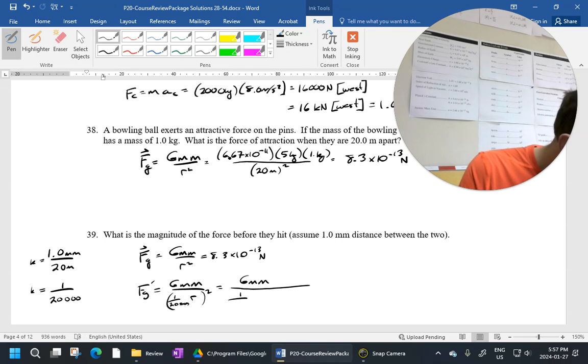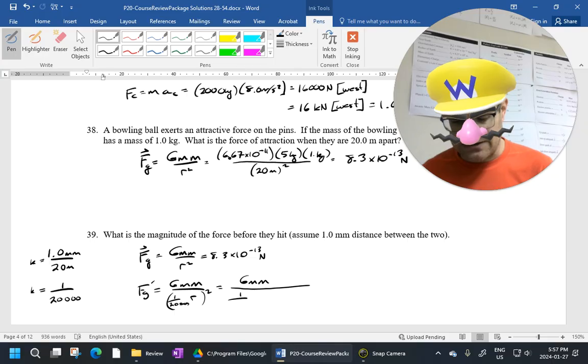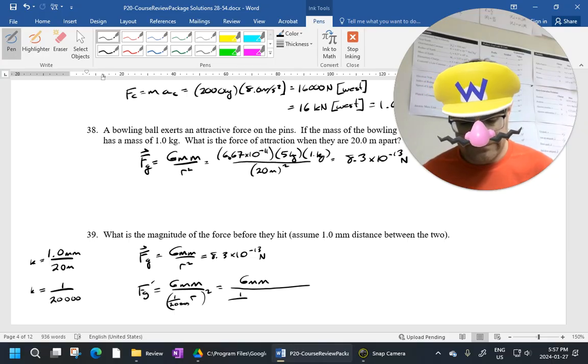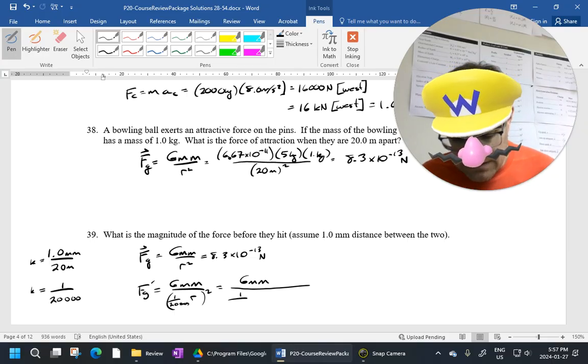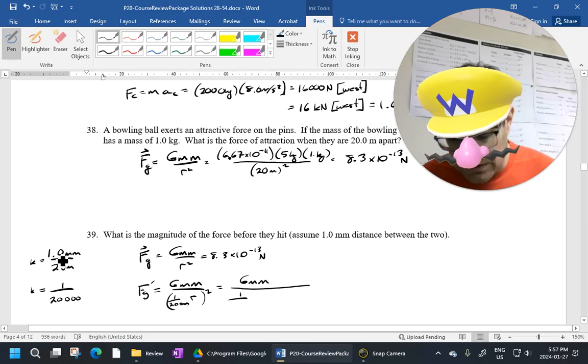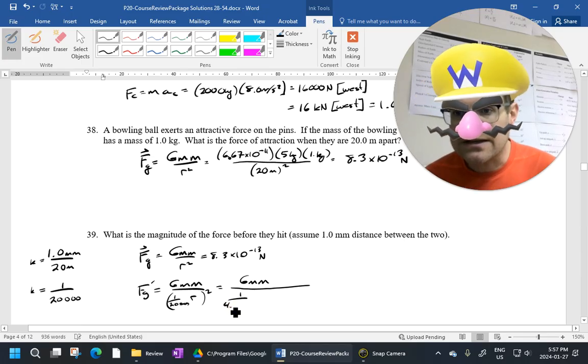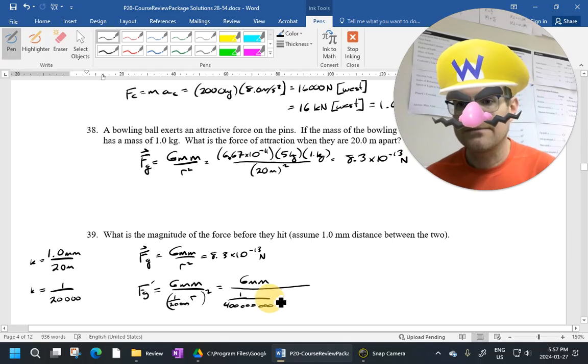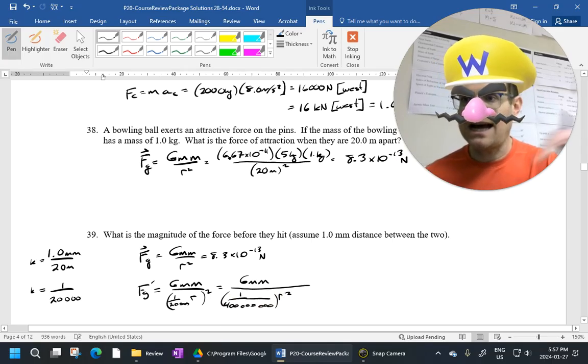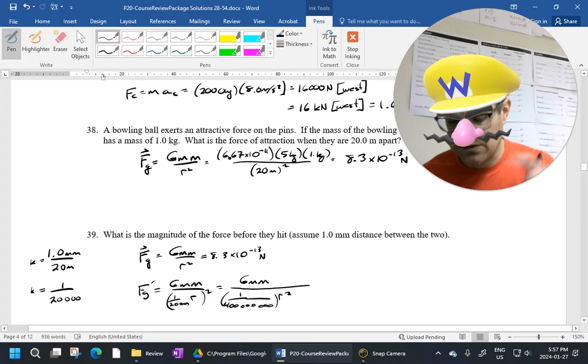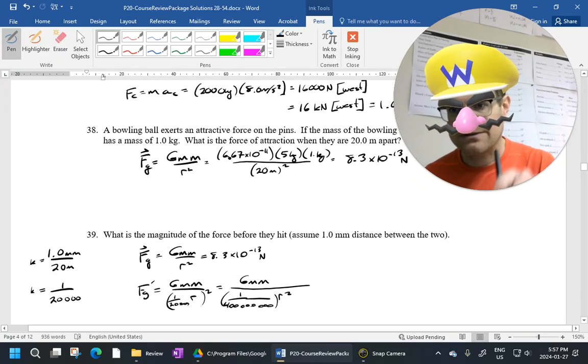What's 20,000 squared? It is 400 million. Times r squared. So I popped that number out of the brackets, out of this square, so I squared the 20,000, which ends up being 400 million.